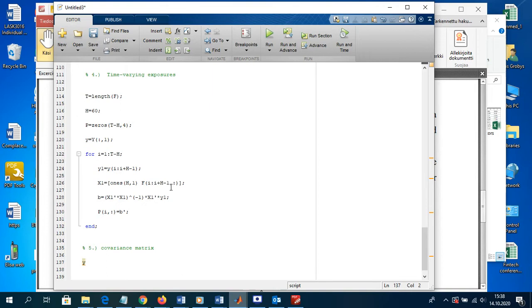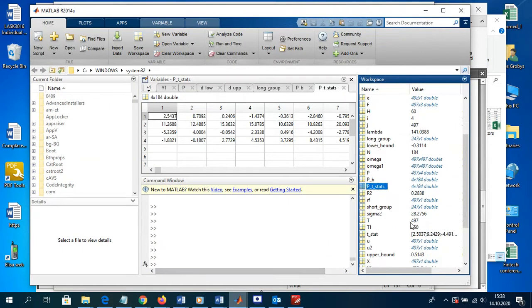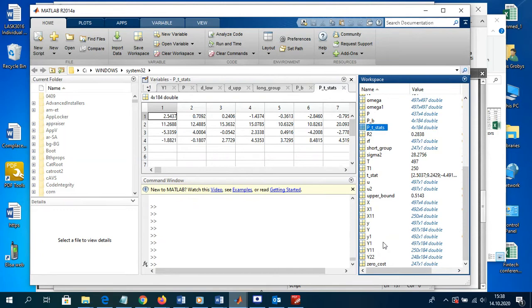So how do we proceed? First of all, we retrieve the first stock in excess form from our data matrix Y1 that we have already constructed. We have this data matrix already here in our workspace. It's noted as Y1, and Y1 has a dimension of 497 times 184.